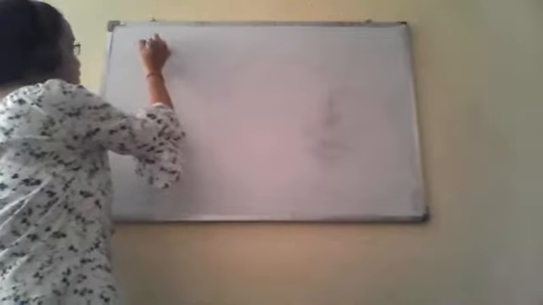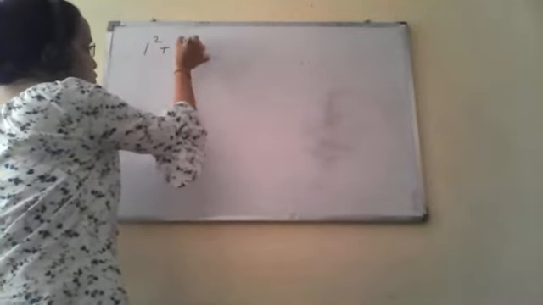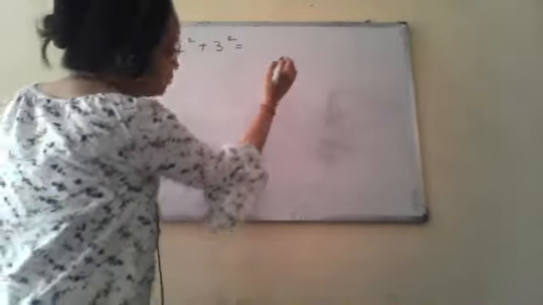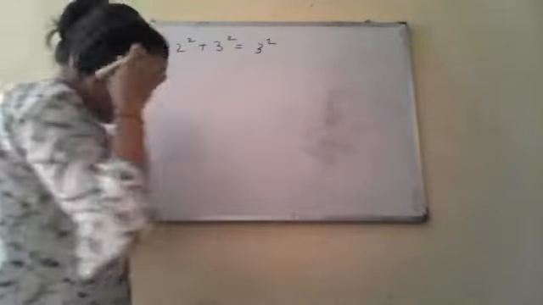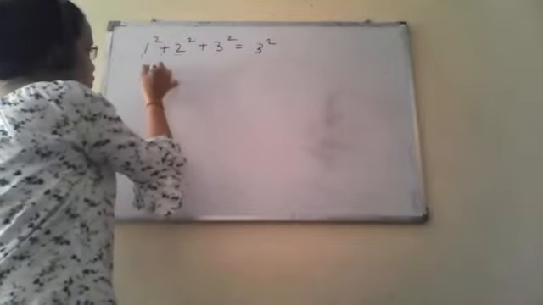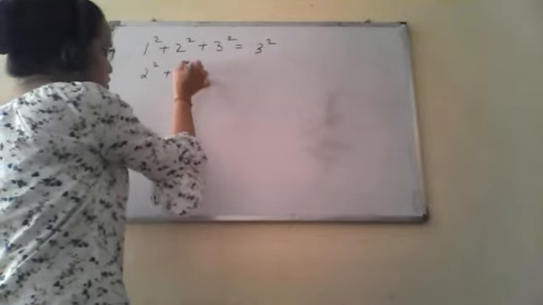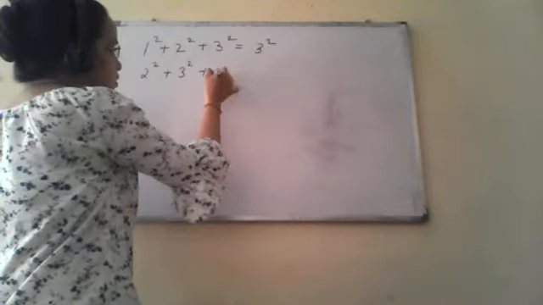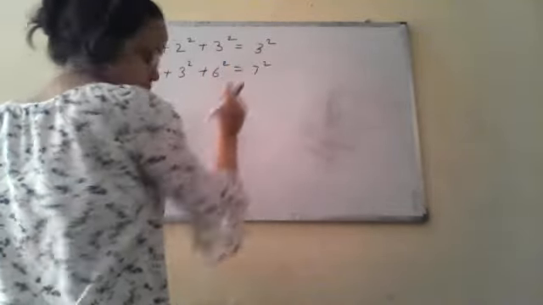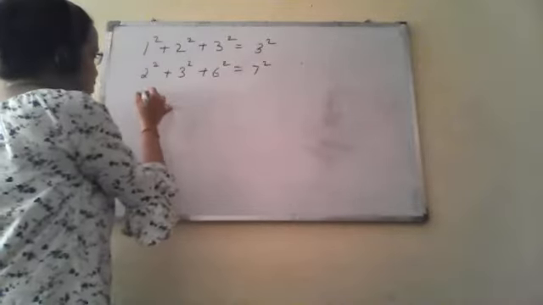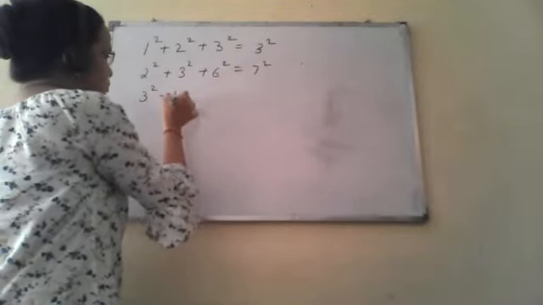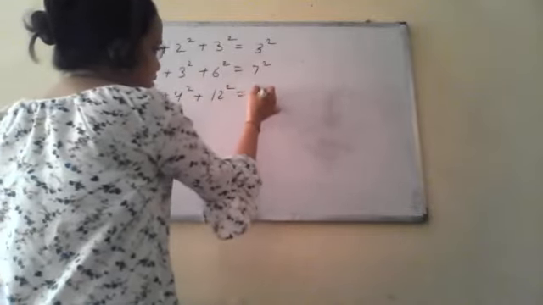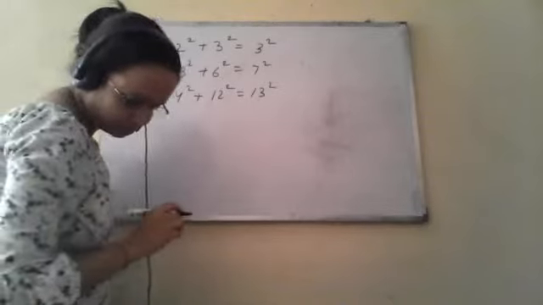First, this is 1 square plus 2 square plus 3 square equals 3 square. Clear? Next is 2 square plus 3 square plus 6 square, then we have 7 square. Clear? This is 3 square plus 4 square plus 12 square, that is 13 square.